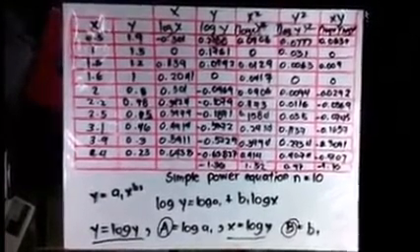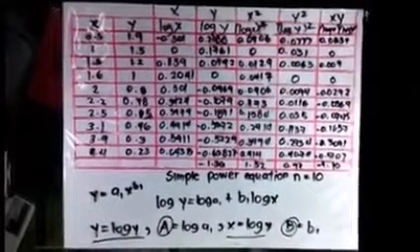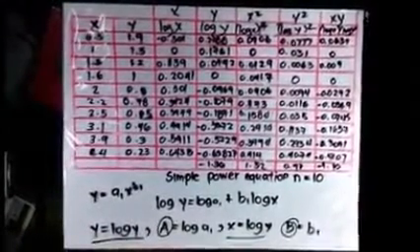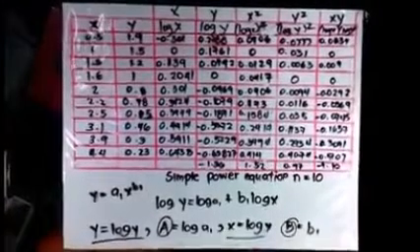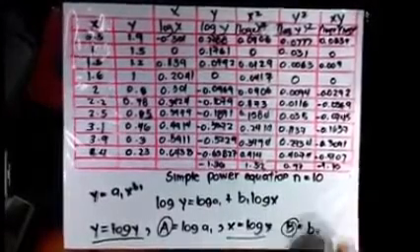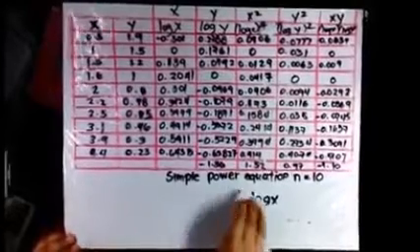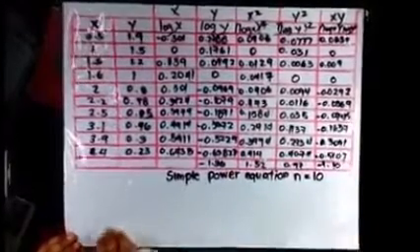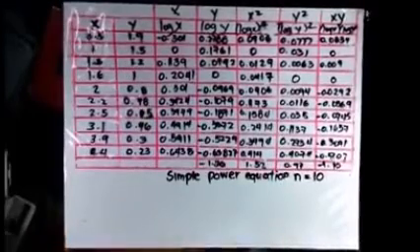So now we have the values of x squared, y squared, and xy. Then, substituting into the formula for b, we can get the value of b. Then, substituting again the given values, we can get the value of a.